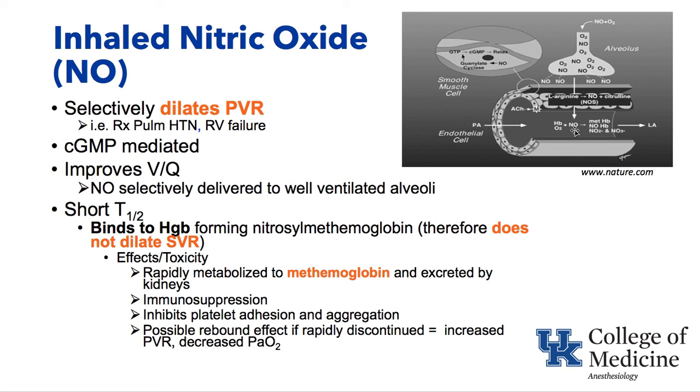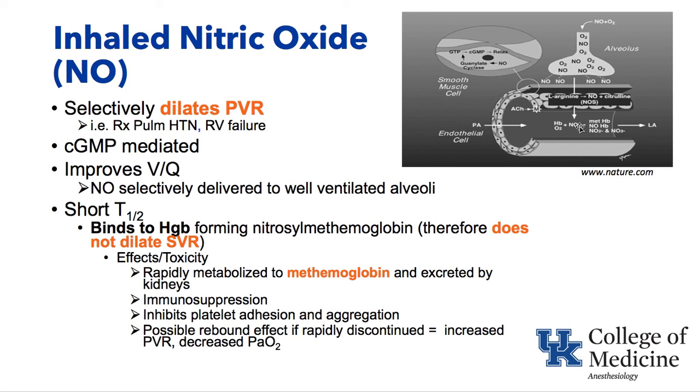So methemoglobin is a problem potentially with chronic use of nitric oxide, but there's a lot of hemoglobin around that nitric oxide can bind to, and by the time it gets through the pulmonary vasculature into the left atrium, through the left ventricle and out into the aorta, it is not active. It's bound to hemoglobin. So free nitric oxide vasodilates, nitric oxide bound to hemoglobin doesn't vasodilate, therefore the effect of inhaled nitric oxide is limited to the pulmonary vasculature.